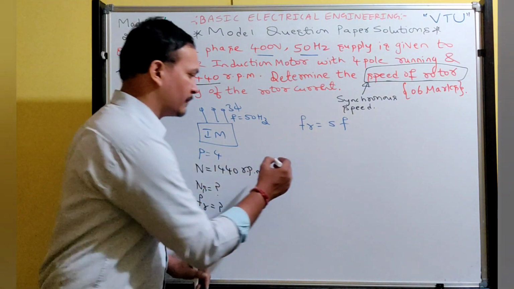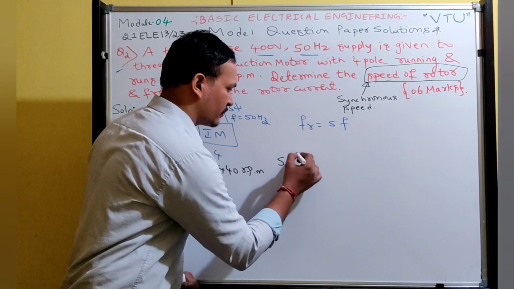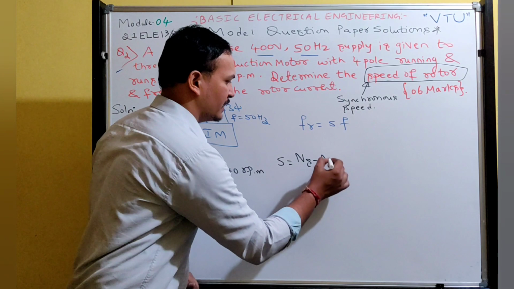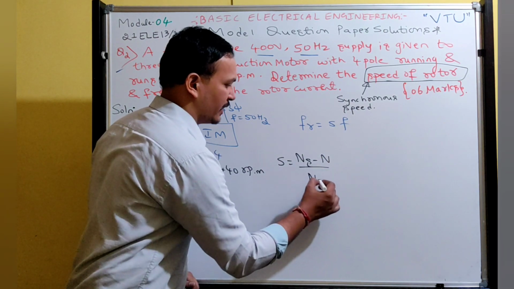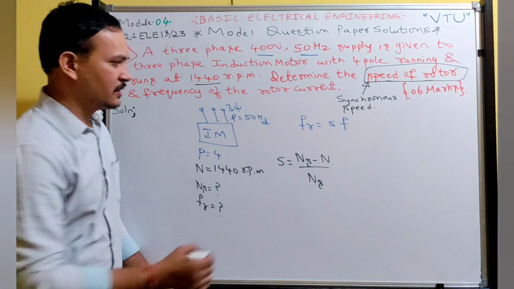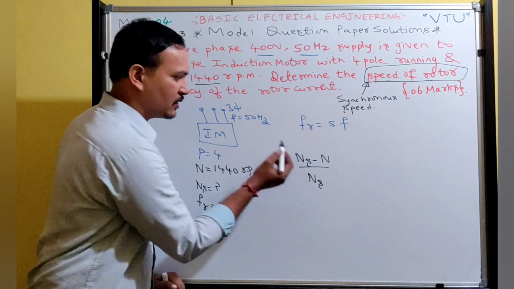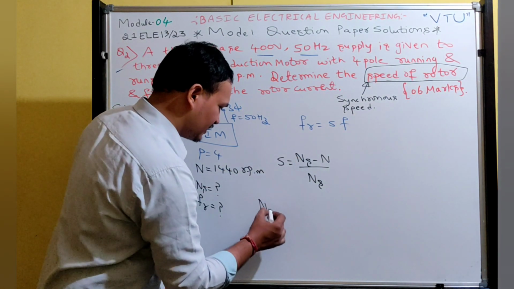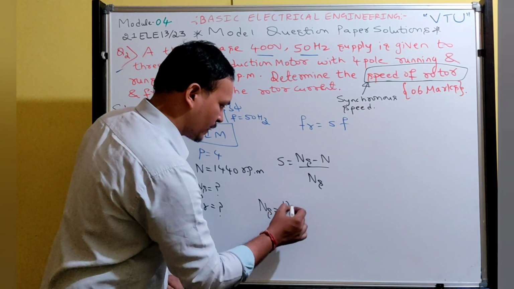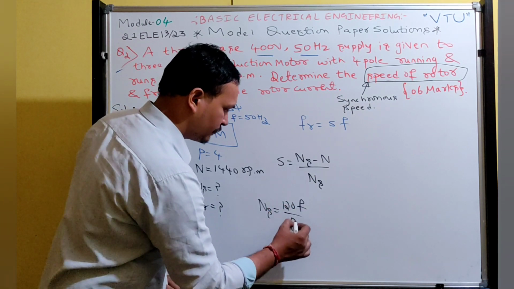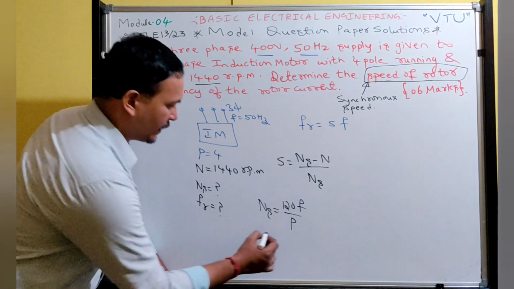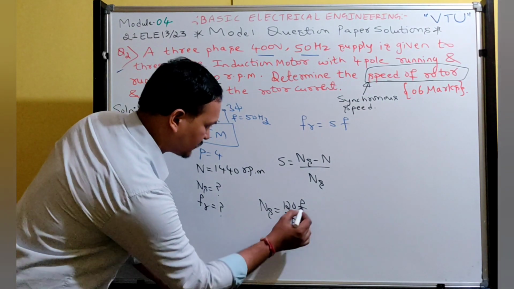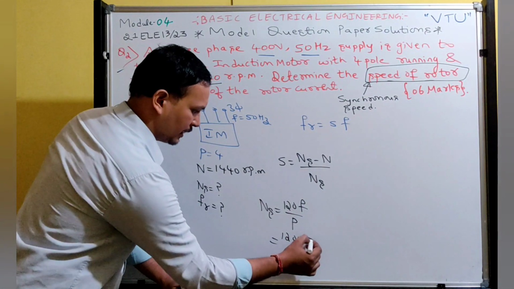Okay, now slip formula. What is slip formula? Ns minus N divided by Ns. Okay, now N is given. Now I want to find what? Ns. How to find Ns? Ns formula is 120 F by P. Okay, 120 into what is the frequency? 50 Hertz.